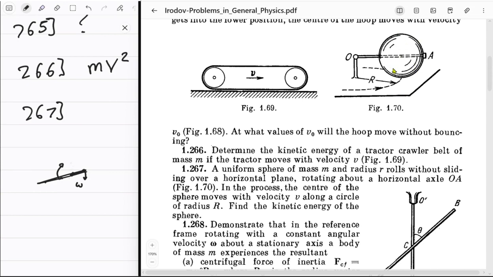This circle is moving with a different velocity. This is hard to explain, but I have already told you how to do these kinds of things: where you have an axis which is rotating about another axis, you just superpose the angular velocities.